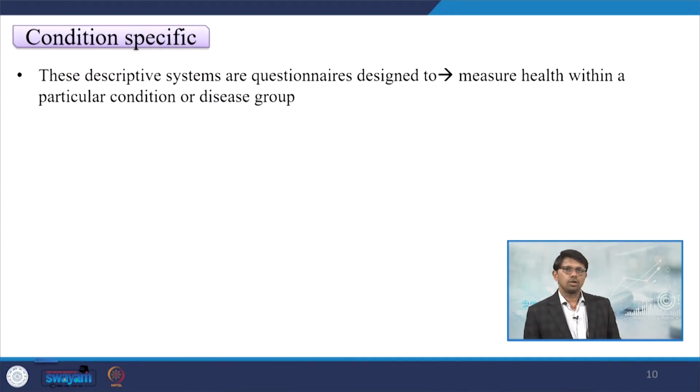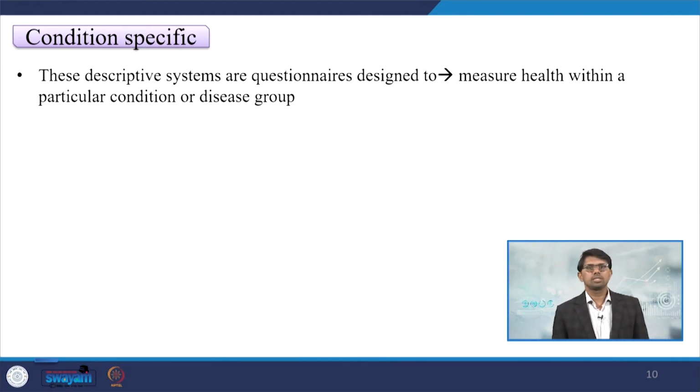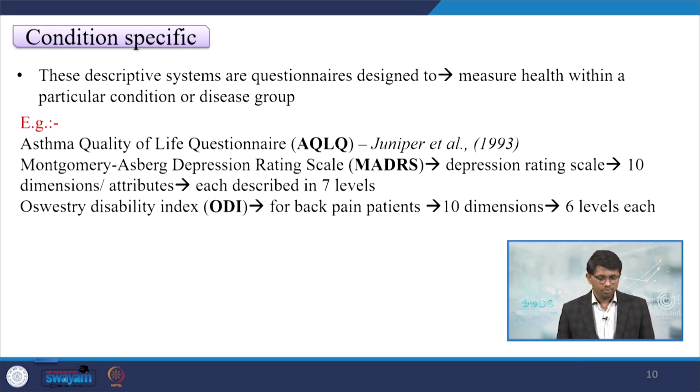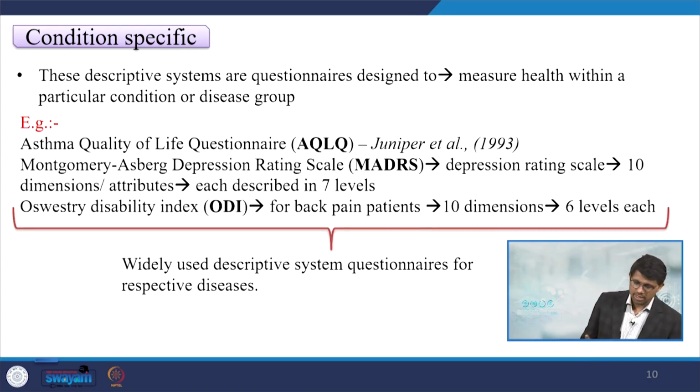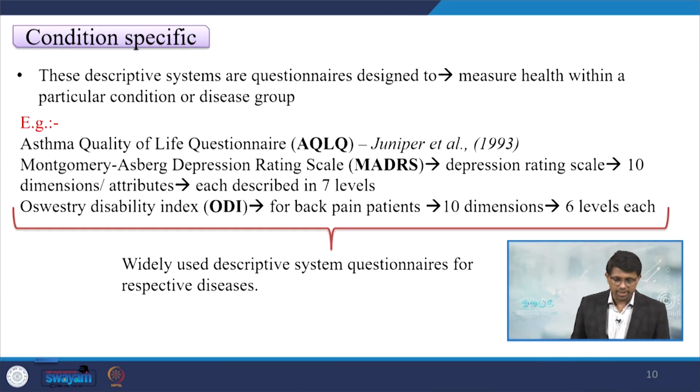So far as condition specific is concerned, these descriptive systems are questionnaires designed to measure health within a particular condition or disease group, such as AQLQ, the Asthma Quality of Life Questionnaire by Juniper et al. 1993.